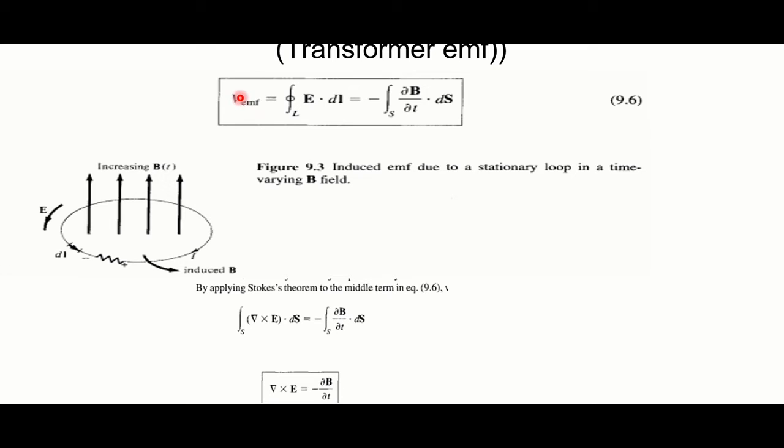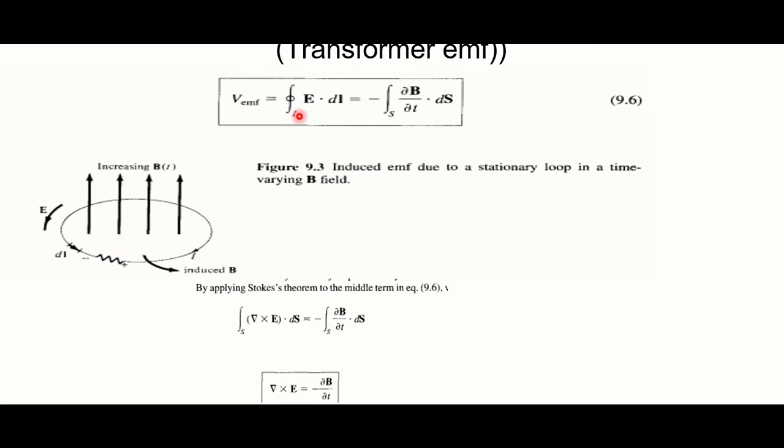According to the induced EMF, we already wrote this equation in terms of the integral E dot dl, and that also equals minus the integral of dou B by dou t dot ds.